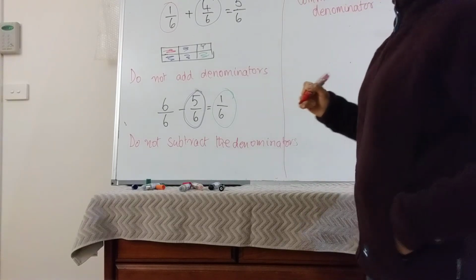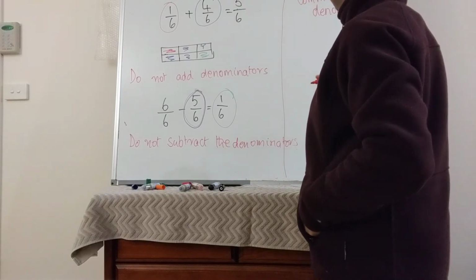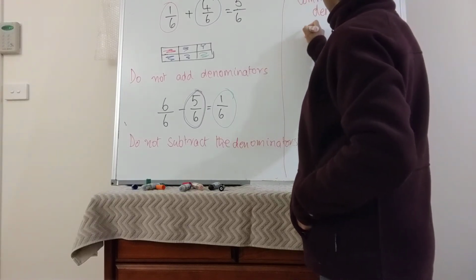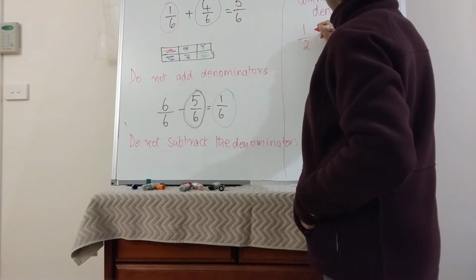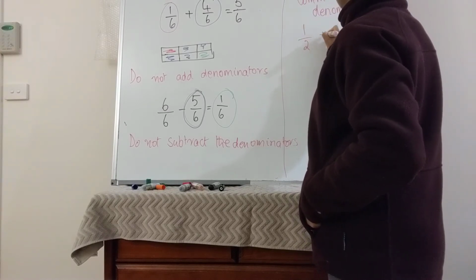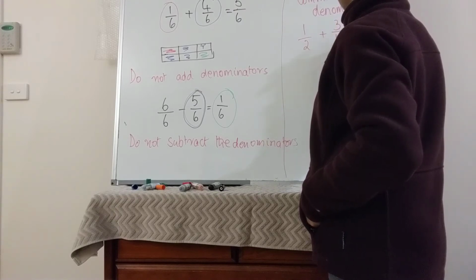Okay, so let's begin with a simple fraction. Let's say 1 over 2 plus 3 over 12.